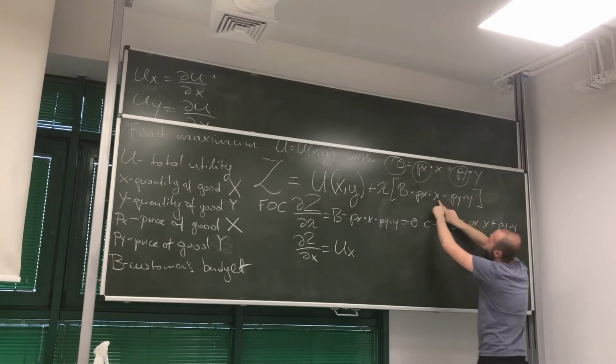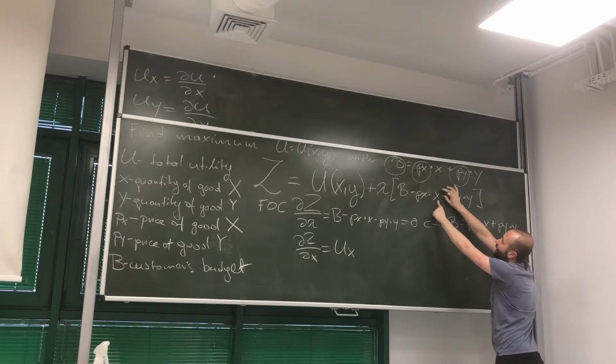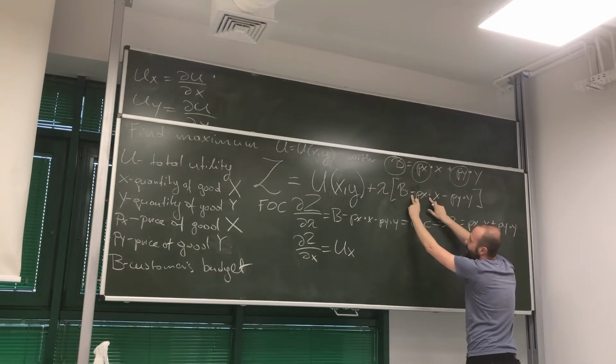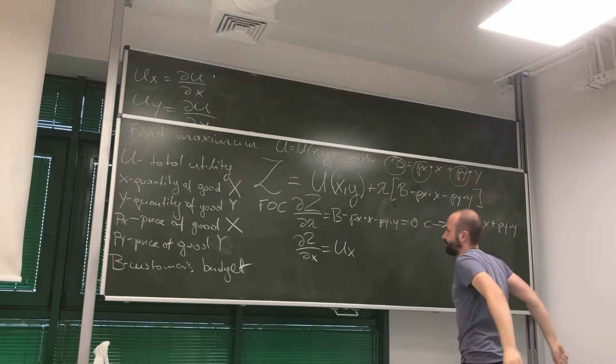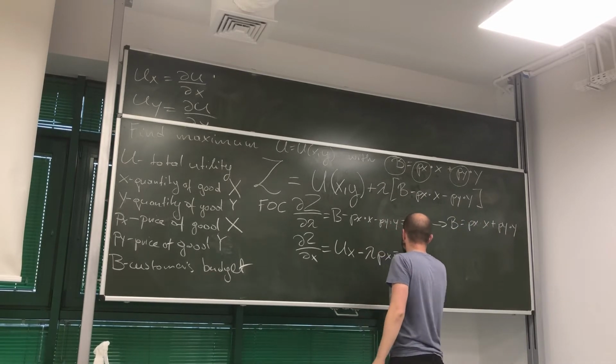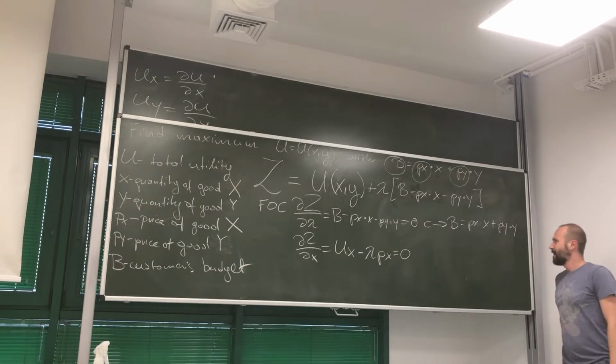Except for the function, and so differentiating this with respect to x gives us negative px times alpha, right? So we've got minus alpha px, and we equalize this with 0.